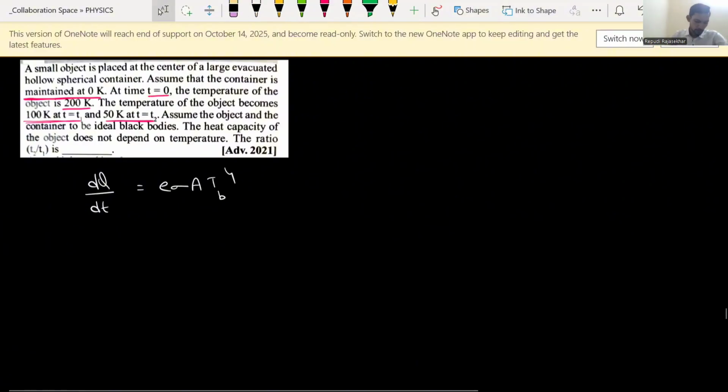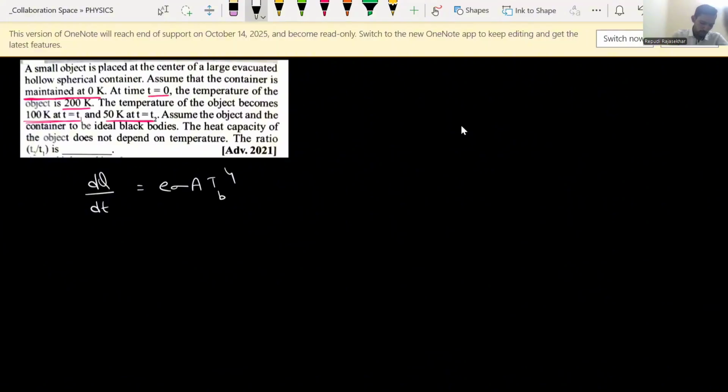Now, temperature changes here. A small object is placed at the center of a large evacuated hollow spherical container. Assume that the container is maintained at 0 Kelvin. At time t equals 0, the temperature of the object is 200 Kelvin.